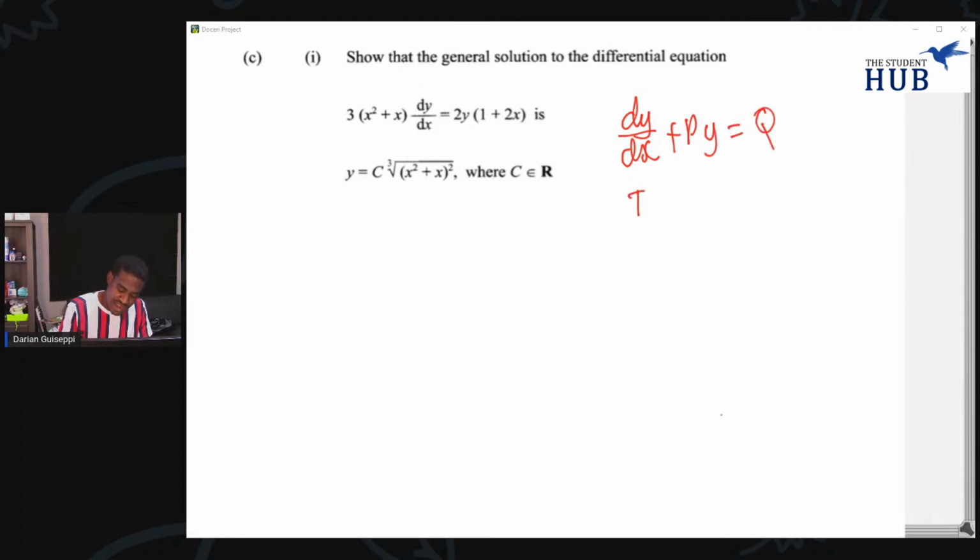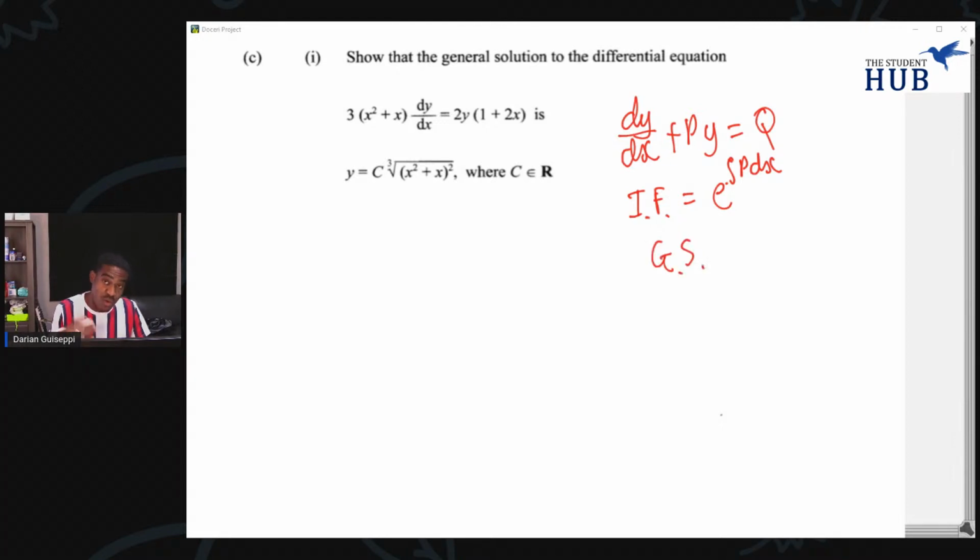And then we need to find the integrating factor, which is given by e to the integral of p with respect to dx. And p and q are functions of x only or constants only. Those are the things we need to understand and remember.